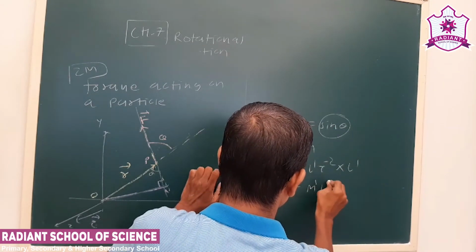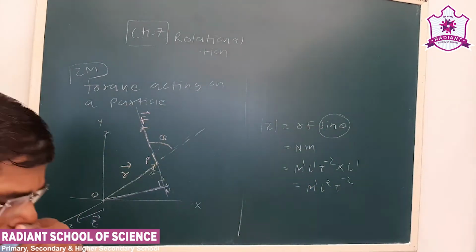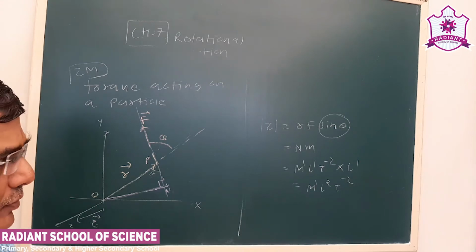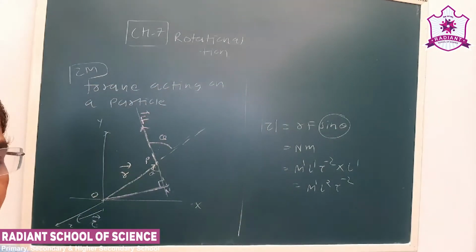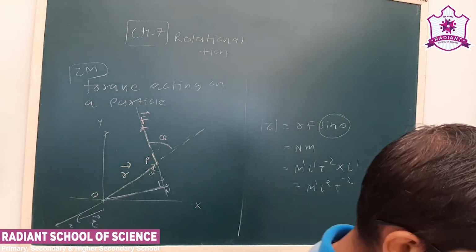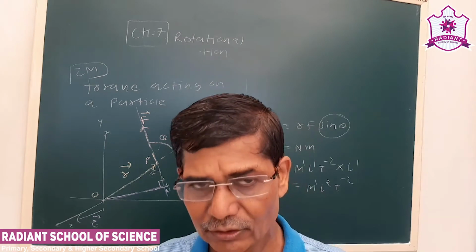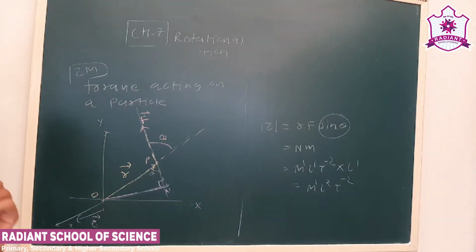So we can write M1 L2 T minus 2 as the dimensional formula of the torque. You can easily check. The dimensions of torque and work are the same. Work you study generally in linear motion and torque in rotational motion.